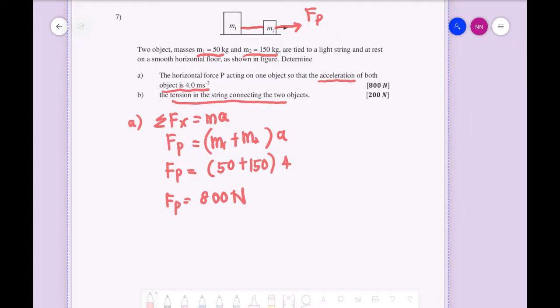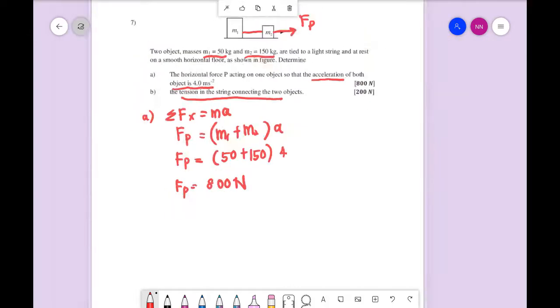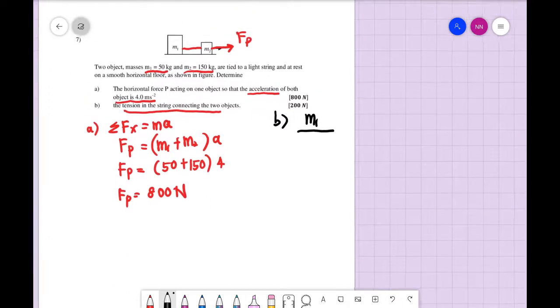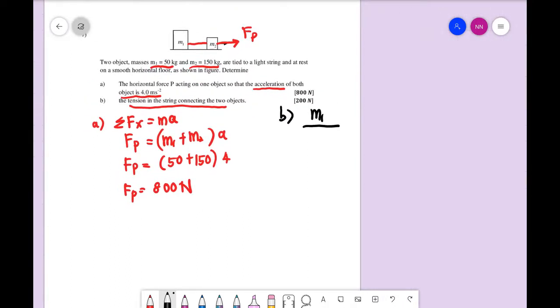Okay, so for this one, we can consider either the M1 or M2 object. Let's say we consider M1, for M1 only, considering by object. So M1 has normal force at Y component and weight M1 at Y component, and then T, away from M1 because it's connected to the string.